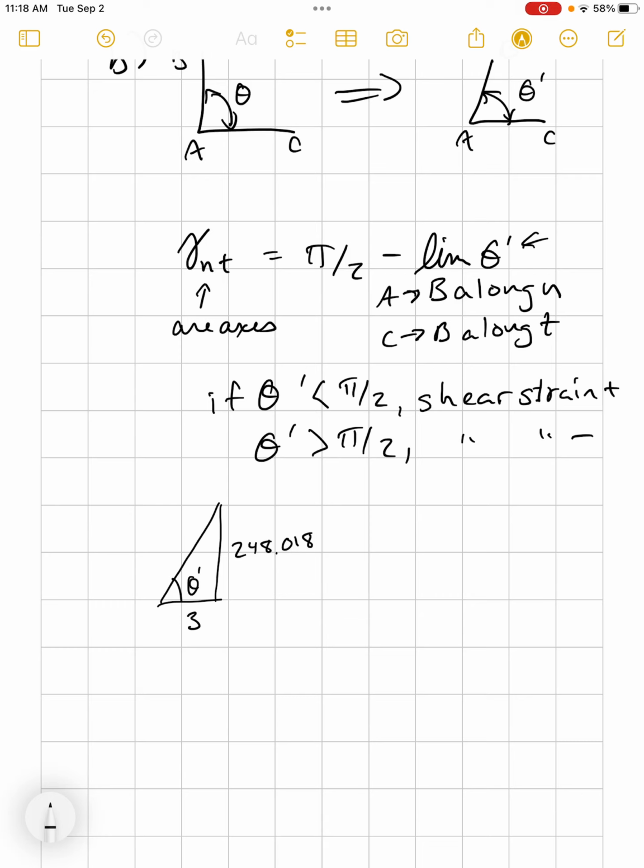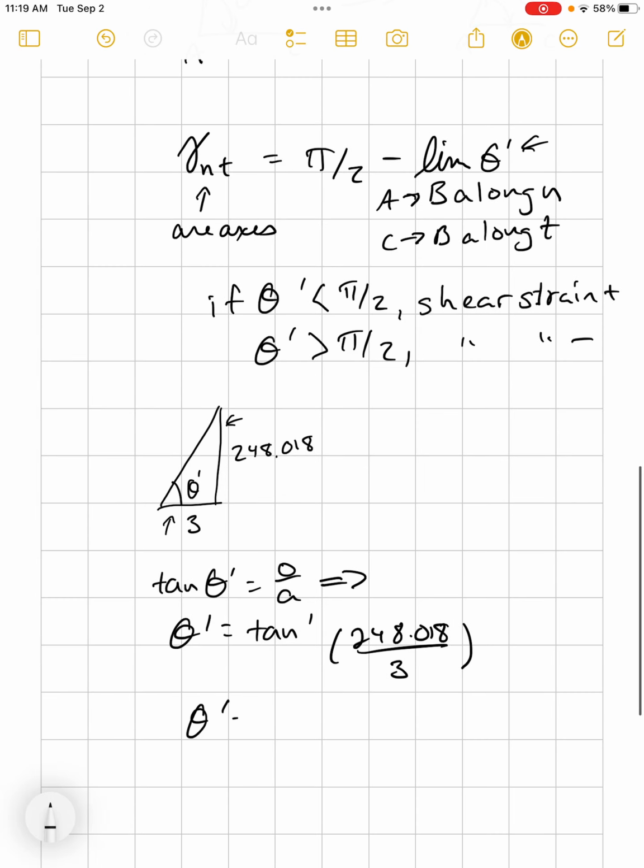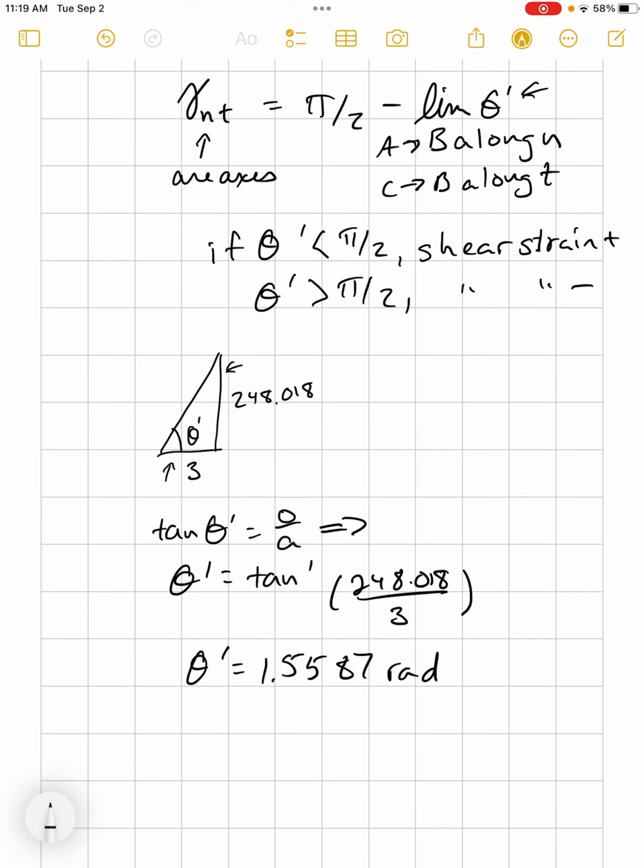Oh, yeah, no, that's right. Okay. So I'm basically going to take the tangent of theta prime with the opposite over the adjacent. So the opposite is going to be this side and the adjacent will be that side. Okay, so that's going to give us that theta prime is equal to the inverse tangent of 248.018 over 3, which gives us a theta prime of 1.5587 radians, and we want to be working in radians here.